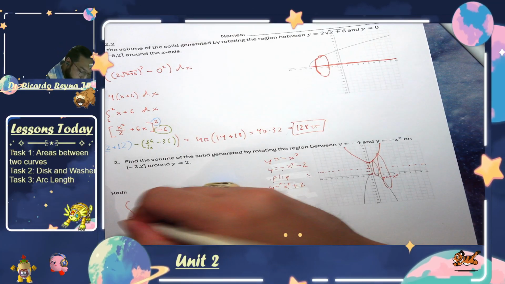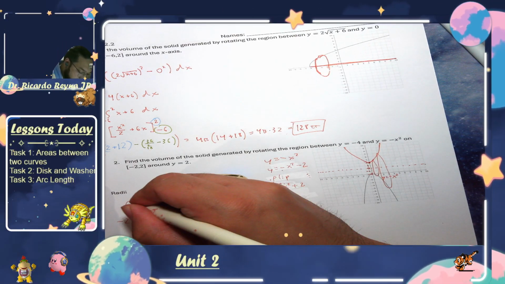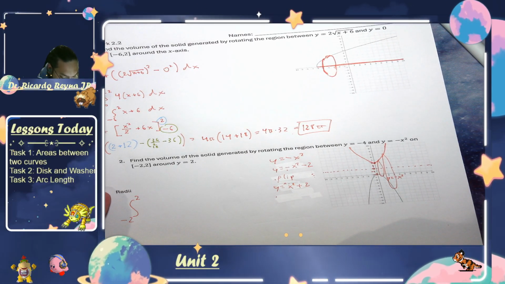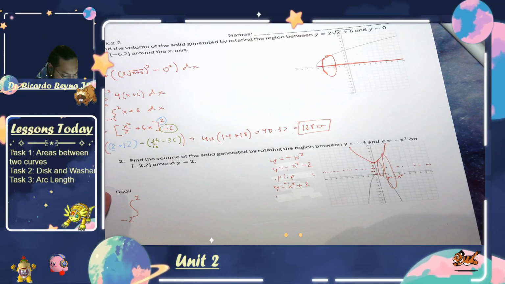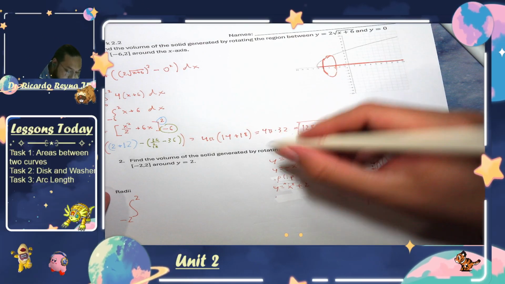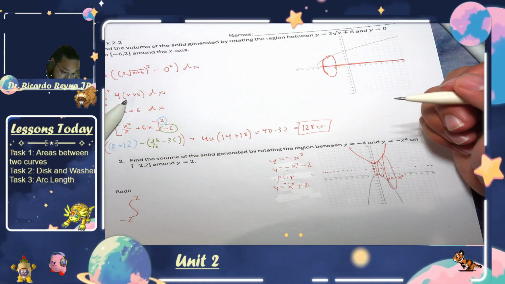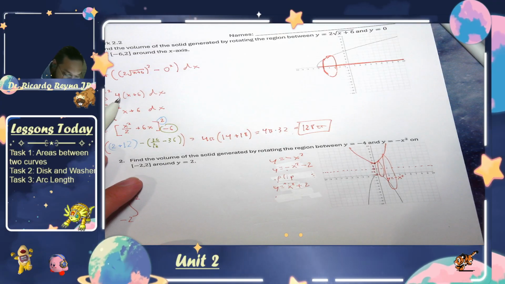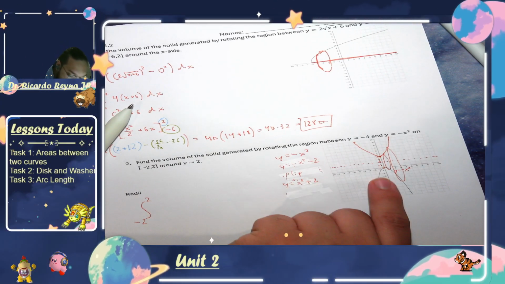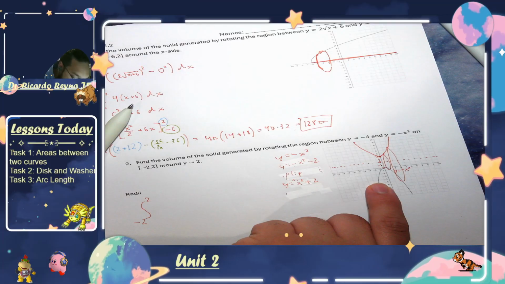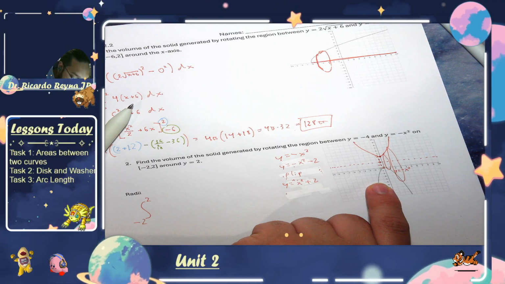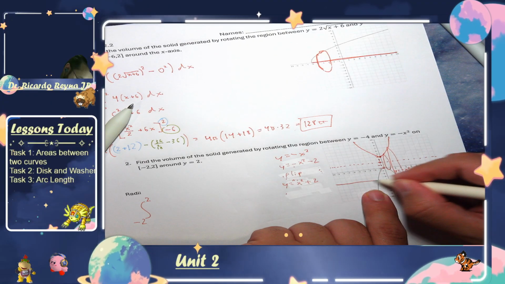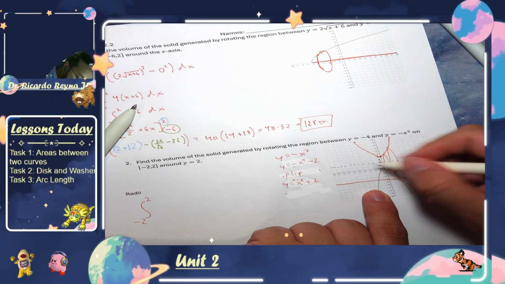So -2 to 2, and this is all the outermost, because it says, okay, between y is equal to -4, so -4 is here. Okay, so then again they're giving us another line to do.